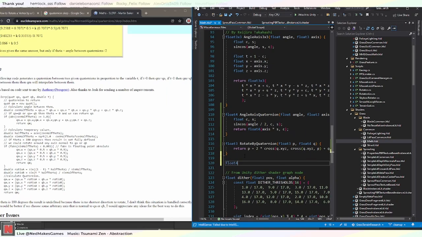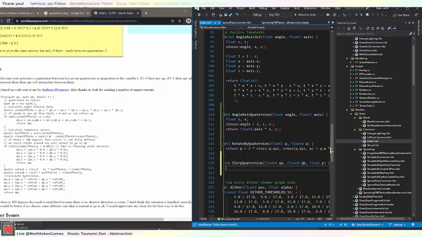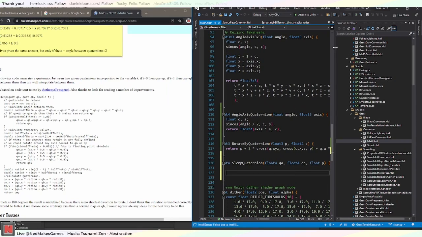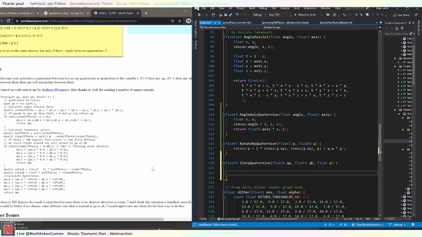So float for SLERP quaternion. And yeah, this is just a way to interpolate between quaternions when you're thinking about them as a rotation. Okay, so yeah, we can simplify this code a little bit.